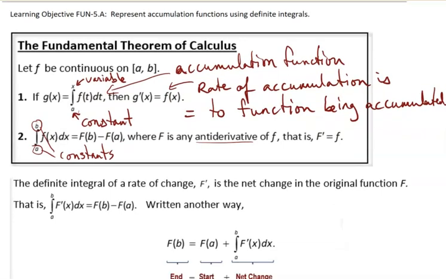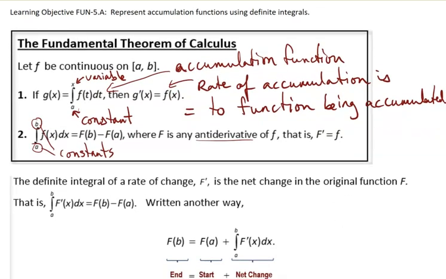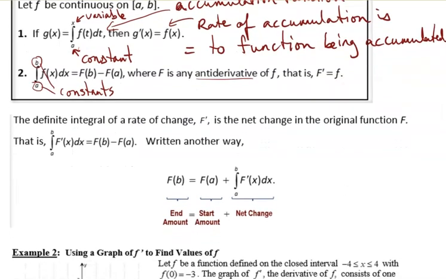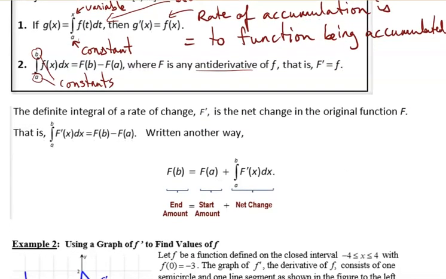All right, so let's look at some application and some common problems here, and hopefully this will stick a little bit better. Okay, so the definite integral of a rate of change, capital F prime, okay? So remember, capital F is the antiderivative function. So the definite integral of a rate of change, so if there's a rate function on the inside of an integral, we get the net change in the original function F, okay?